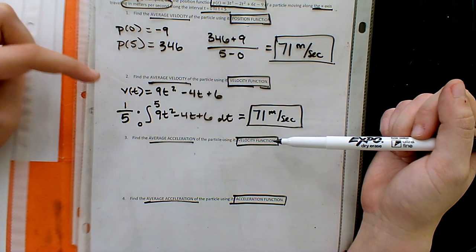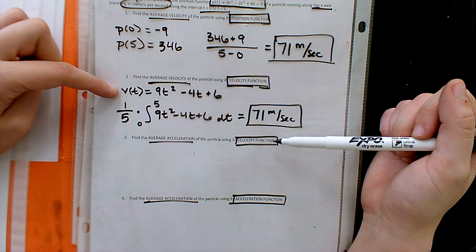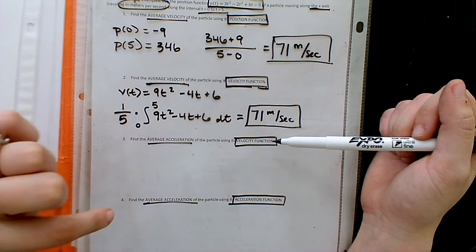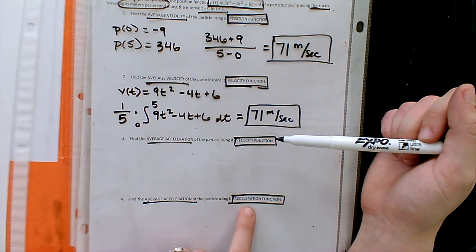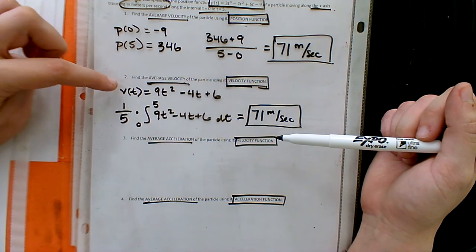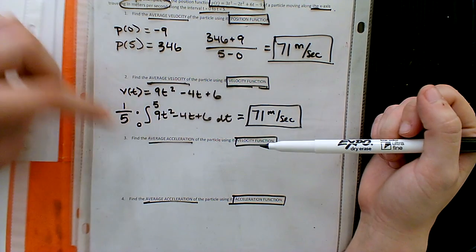We know the derivative of that, and then do the same. It's the same thing, just with the antiderivative of the velocity. All right, so that's going to be for number 4, because you're finding the acceleration function. How can we strictly use velocity to get average acceleration?